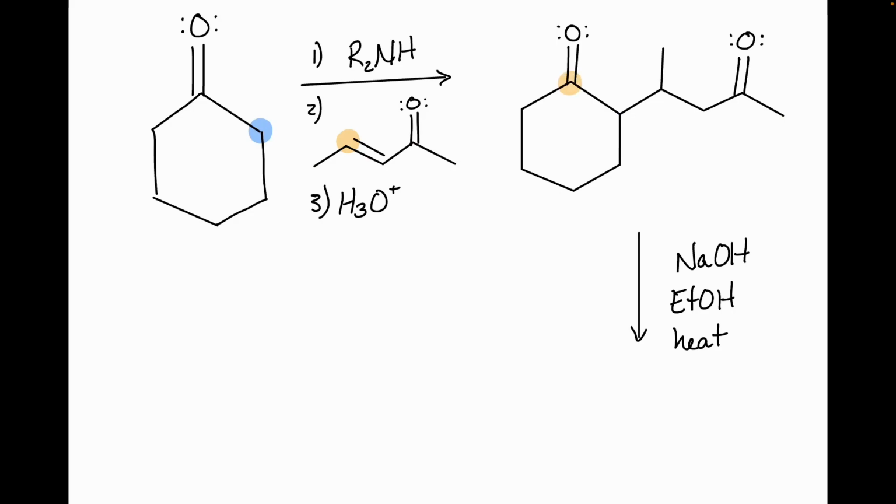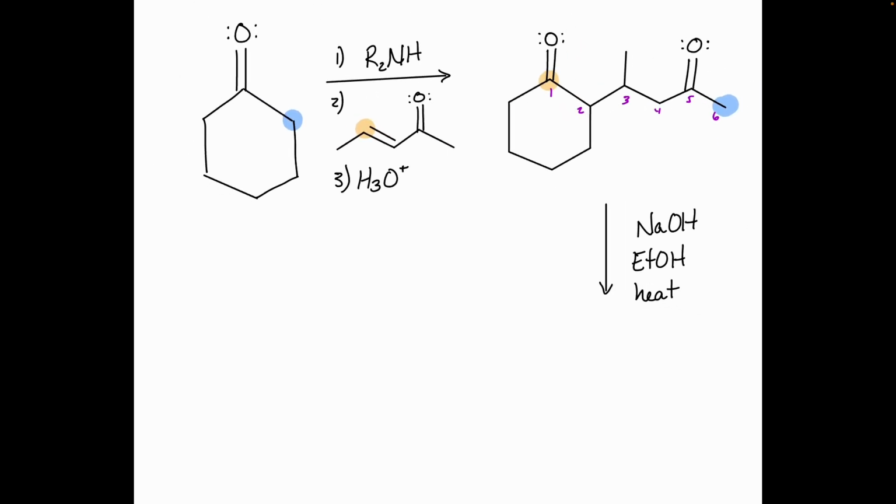All right, so I have this electrophilic carbonyl carbon that's located 1, 2, 3, 4, 5, 6 carbons away from a nucleophilic alpha carbon. So I can have this internal aldol addition condensation reaction.